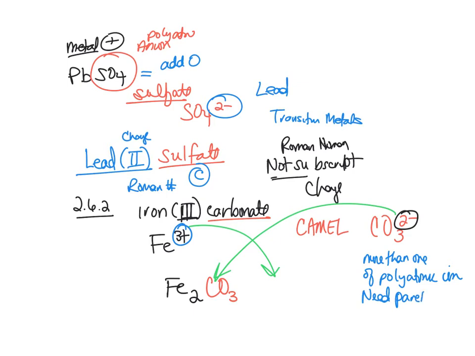A lot of people put parentheses when they don't need them, and don't add them when they do. But we need 3 of these, so we put parentheses and then 3. That is iron(III) carbonate. Make sure these are the lowest terms; they usually work out to 2 and 3, with no common denominator. So which one is that? Fe2(CO3)3. So that is D.